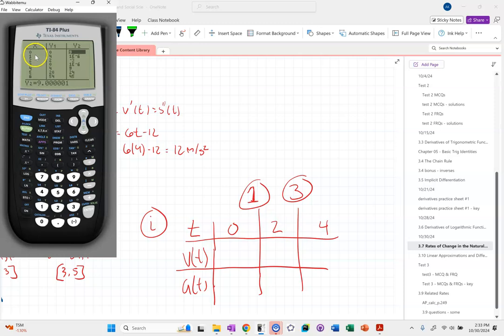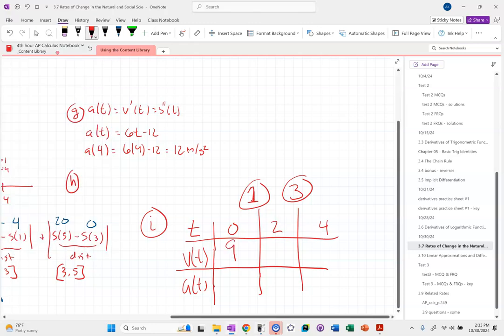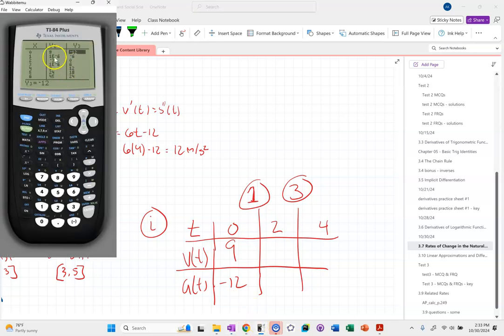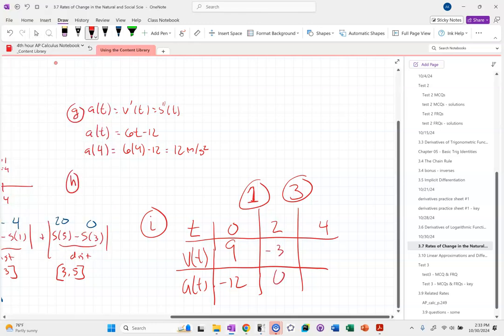So y1 is my position. y2 is my velocity. y3 is my acceleration. So at 0, they're 9 and negative 12. At 2, we're negative 3 and then 0.